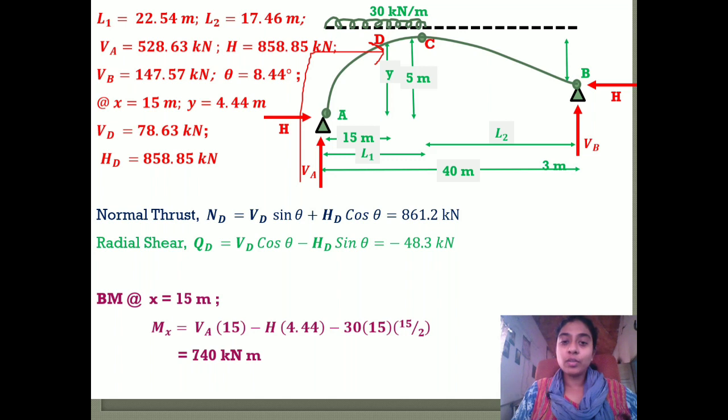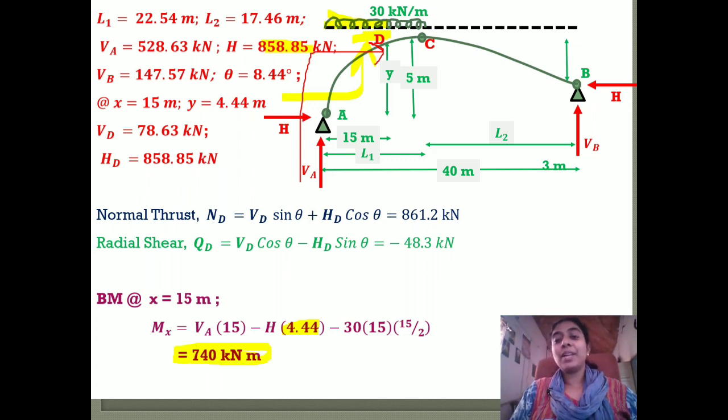Now negative, minus H into Y, where H is our horizontal reaction and Y is 4.44, which we have found, minus this load 30 into 15 into the distance 15 by 2. So we get bending moment at X is equal to 740 kilonewton meter.